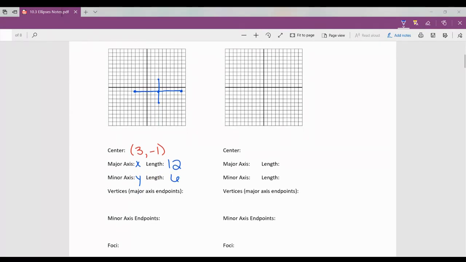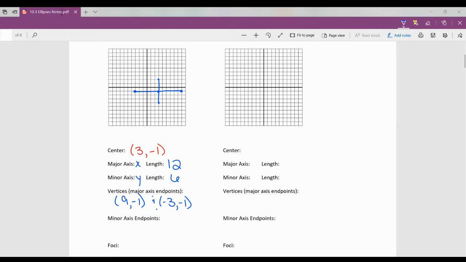Another piece of terminology is the vertices, and those are the major axis endpoints. My major axis endpoints are going to be 9, negative 1, from when we counted 6 to the right, and then 6 to the left was negative 3, negative 1.